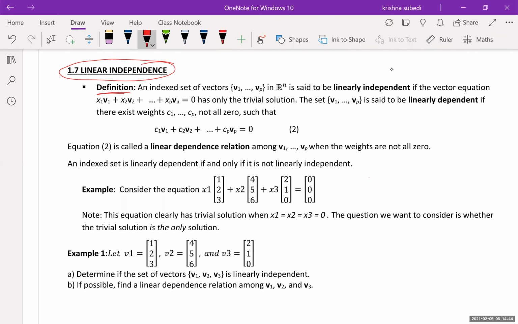Let us read this definition together. An indexed set of vectors, b sub 1, b sub 2, all the way up to b sub p in Rn, is said to be linearly independent if the vector equation x sub 1 b sub 1 plus x sub 2 b sub 2 plus all the way up to x sub p b sub p equal to 0 has only the trivial solution.